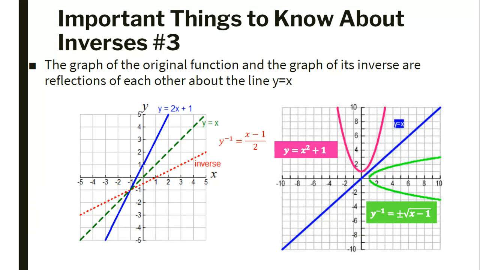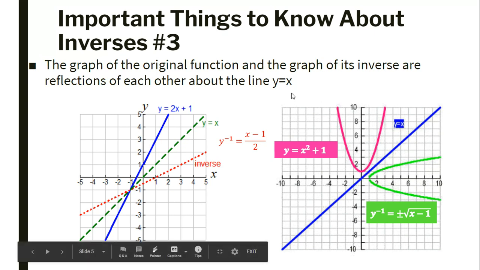Number 3, when you graph a function and its inverse, they are always symmetrical around the line y equals x. In other words, they're reflections around the line y equals x 100% of the time. Here are examples of two graphs.